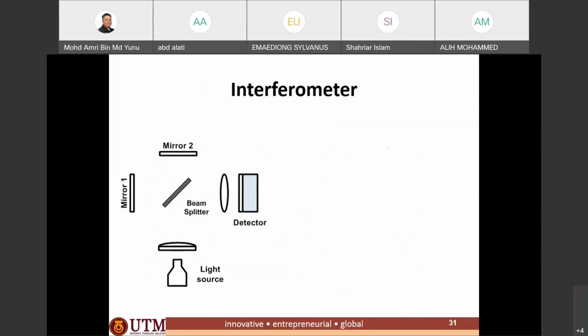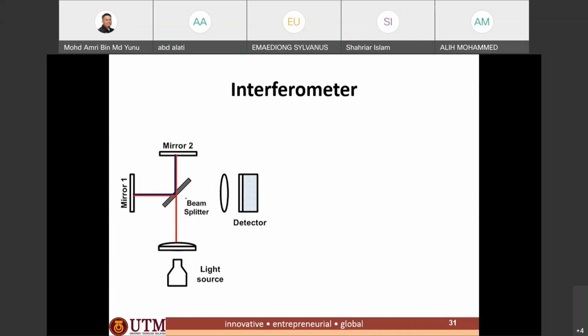Basically, it consists of a light source, a beam splitter, two mirrors, a lens, and also a detector. So what happens?